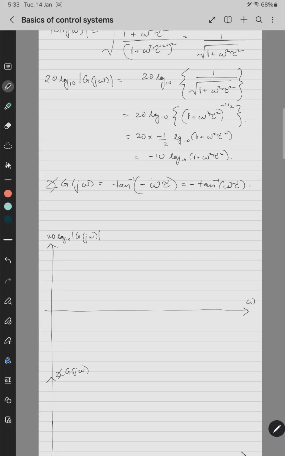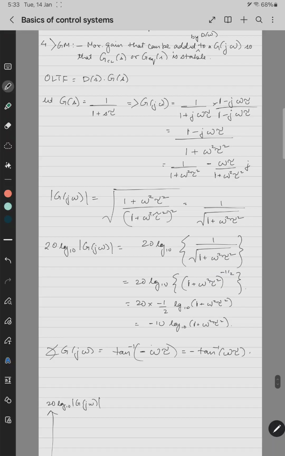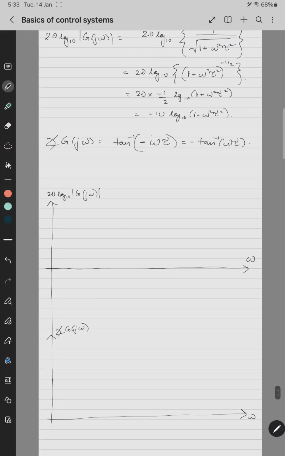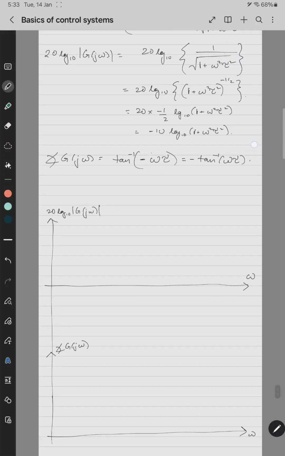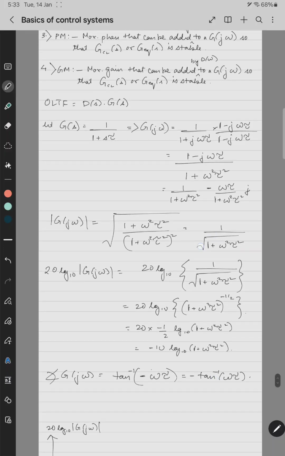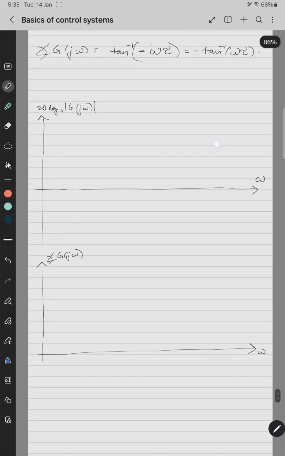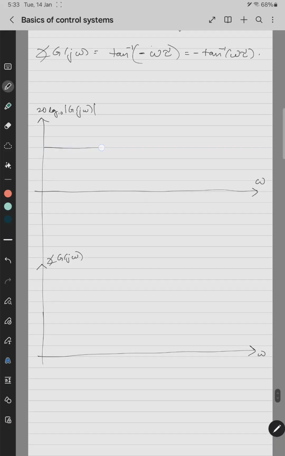Now what happens is that till the cutoff frequency, omega equals 1 by tau, the gain will be almost constant, and after that it will start to fall with a slope of minus 20 decibel per decade, because it is a pole. 1 plus s tau is a pole, so the gain will be constant till this frequency.